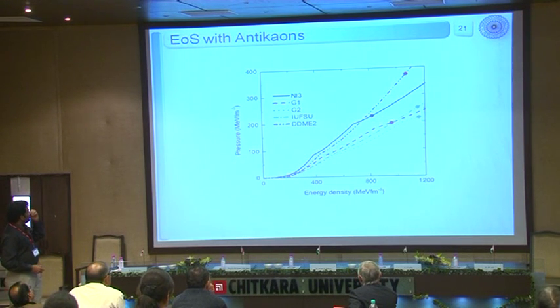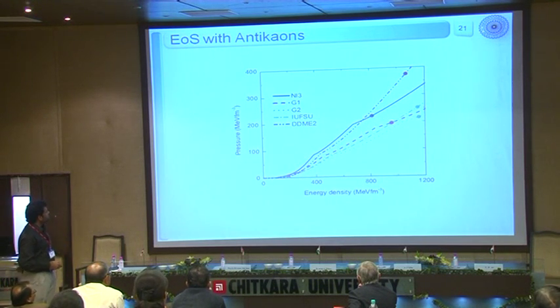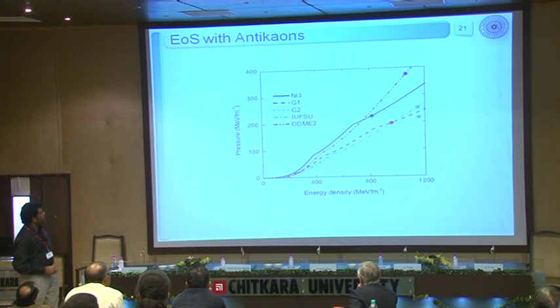Okay, so now once we introduce these antikaons, the equation of state changes quite drastically. So this is how it changes. Initially this NL3 was going like this. Now with these antikaons, it becomes much softer. It becomes much softer than the density dependent interaction.